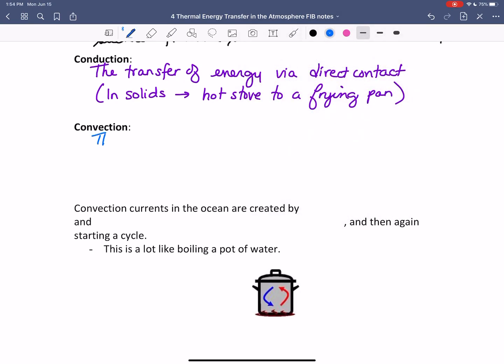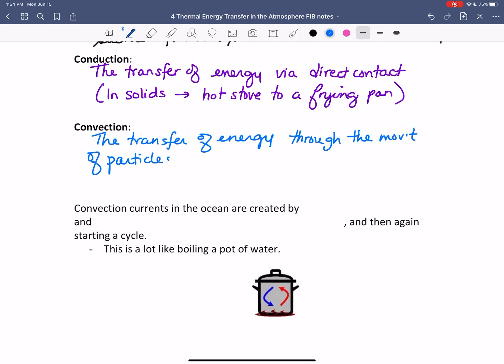Whereas convection, the last one, is the transfer of energy through the movement of particles from one location to another.